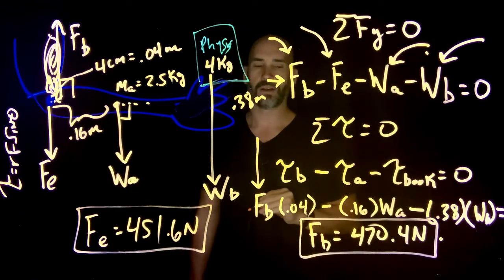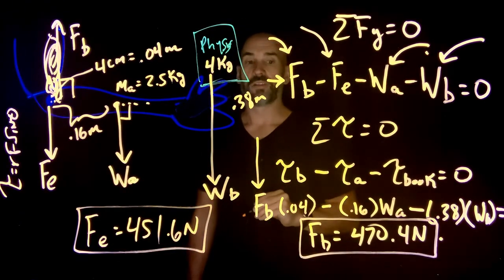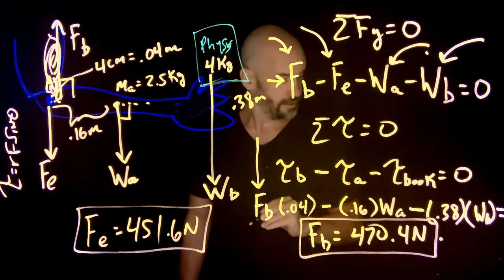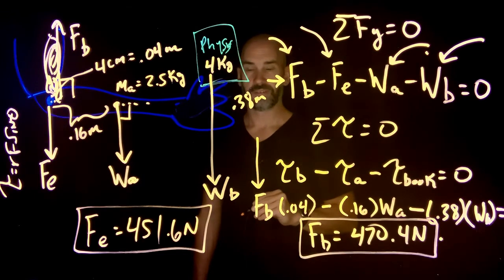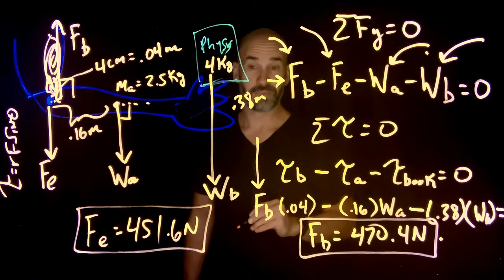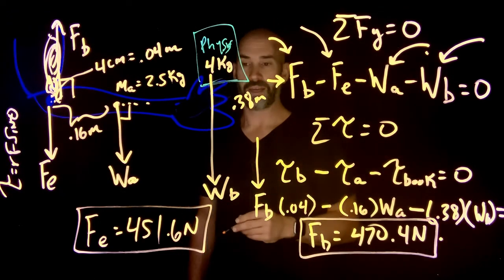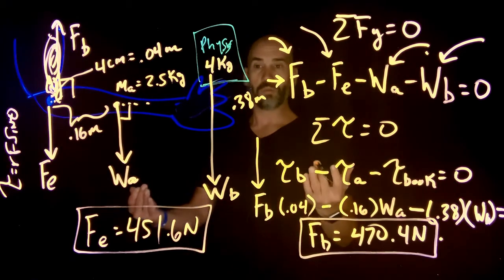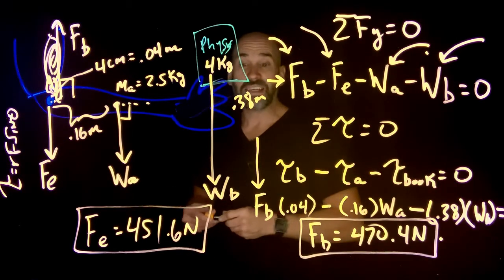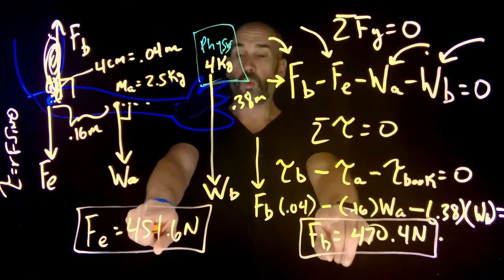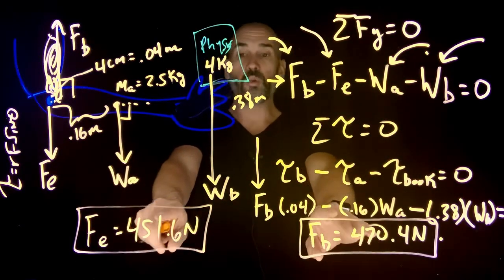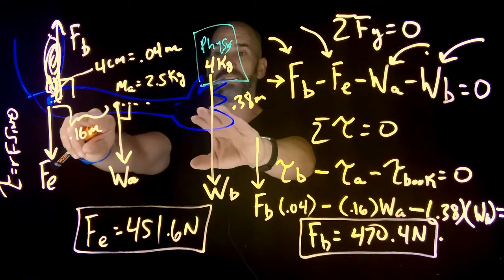Let me know if I'm wrong. But these are the forces that I am experiencing as a human being holding a physics book. For those of you who might want to be physical therapists, these are interesting questions, because it tells you what can we do? How can we configure this arm?